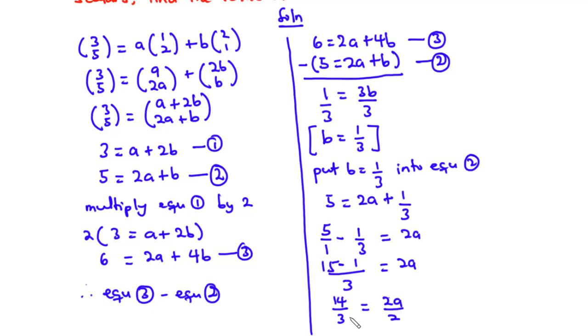We divide through by 2, also by 2. Therefore, we have a to be equal to 2 goes here once, 2 goes here 7 times. So we have a to be equal to 7 over 3. So a is equal to 7 over 3. And then we have b to be equal to 1 over 3.